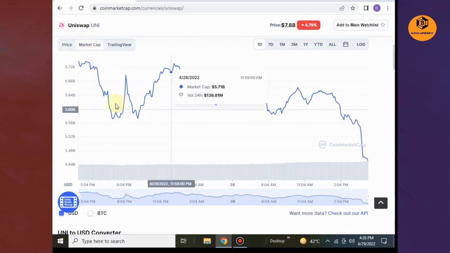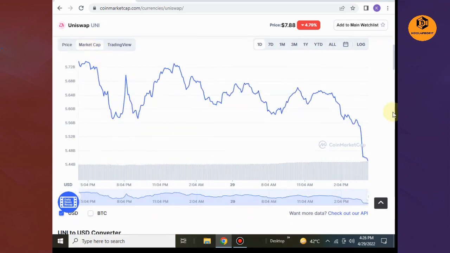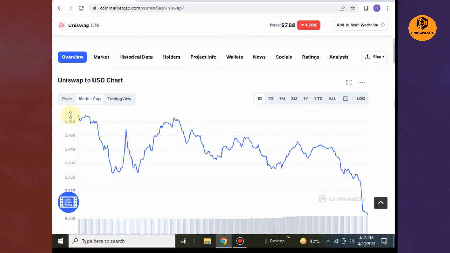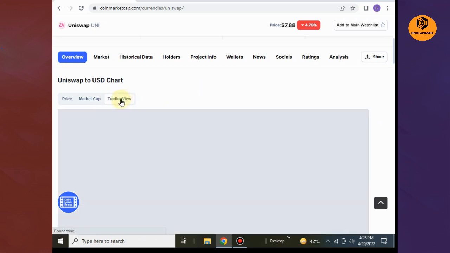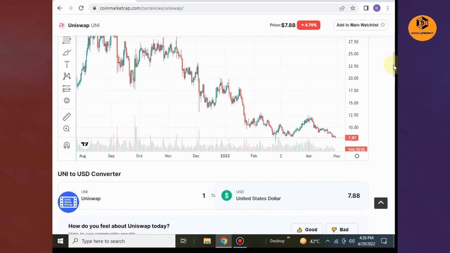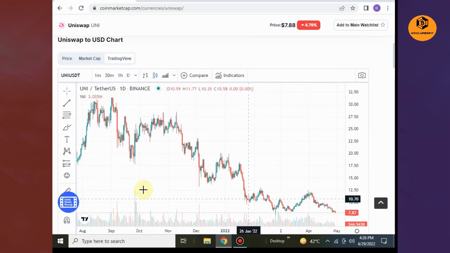The market cap chart shows the related information about the Uniswap coin. And in trading view, if you want to trade this coin, all of the information about the candles for this coin is here.